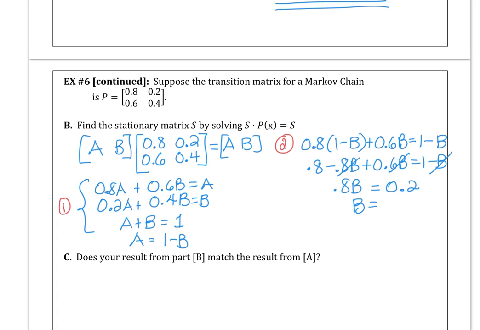That gives us B is a quarter. And back over here, if B is a quarter, A has to be 3/4. So that's not so bad.